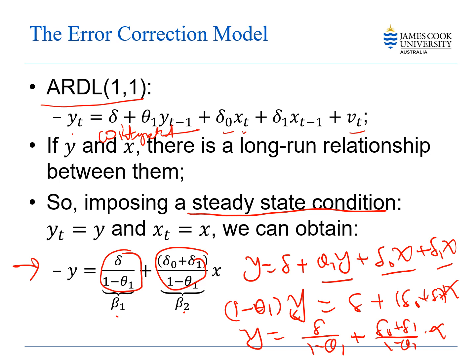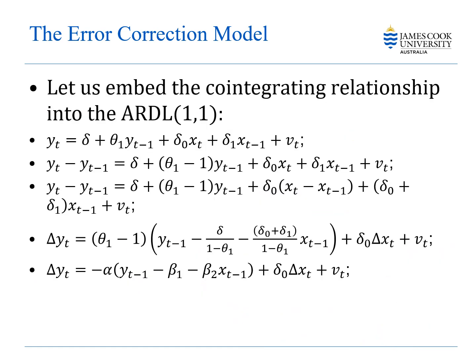Okay, so now we started with ARDL 1-1, and we derived the long-run relationship between y and x by imposing the steady state conditions. Let's manipulate this ARDL 1-1 to embed this long-run, co-integrating relationship into the model. So that's our starting point. Take away yt minus 1 from both sides. Okay, so we get this one and this one.